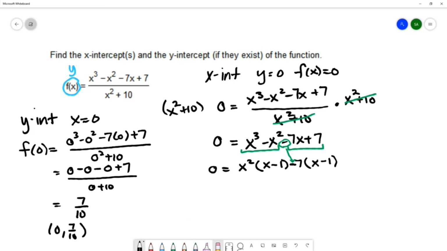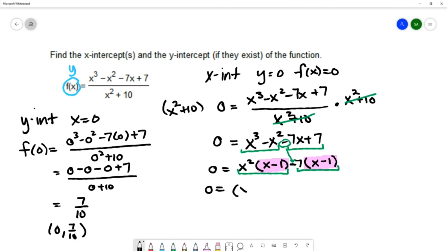And if this grouping method is going to work properly, you need what's in these parentheses to match each other. And if they match each other, you can now consider that to be the greatest common factor of this term and this term. You now have two terms, and they have this common x minus 1.